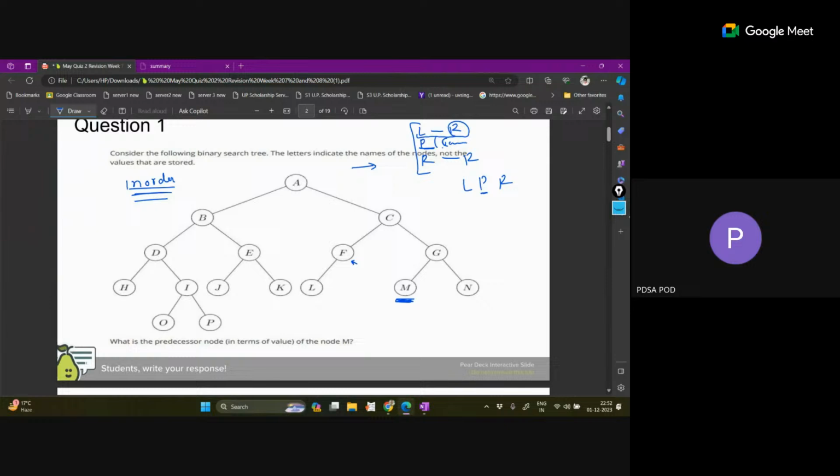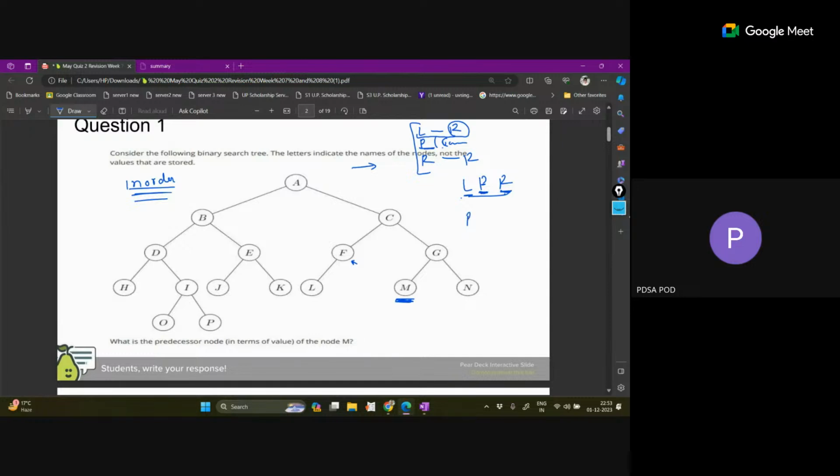So this is the in order traversal, and this is the left recursive call. Just move to the left child and apply the same three steps on the left child. Same thing for the right recursive call: move to the right child and apply the same three steps on the right child. If we use this print in between the left and right recursive calls, this is called an in order traversal.